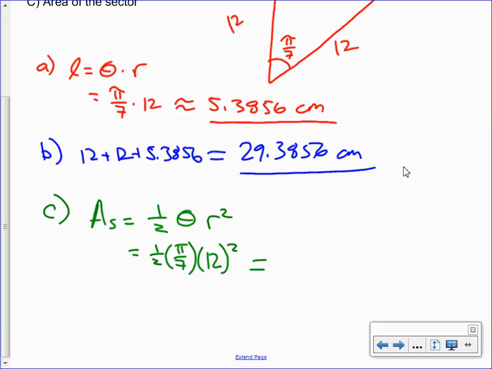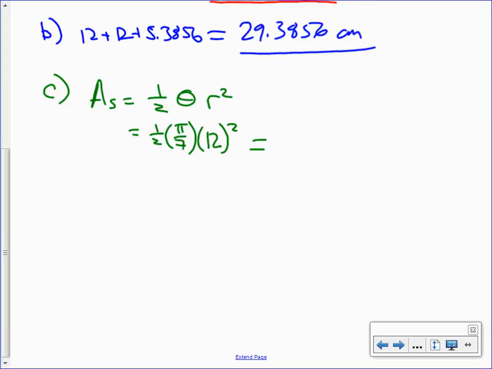It is 32, but that would be the estimated or rounded answer.